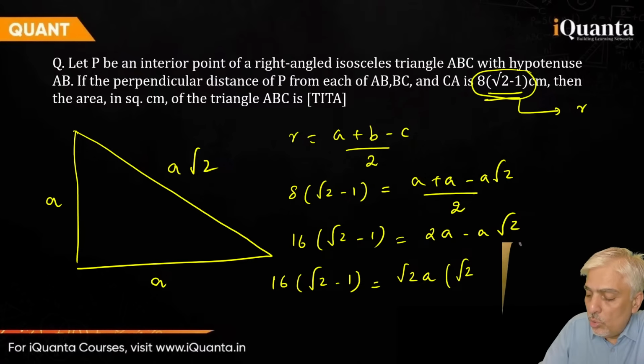So I'll get root 2A, root 2 minus 1, root 2 minus 1 cut. 16 is equal to root 2A.